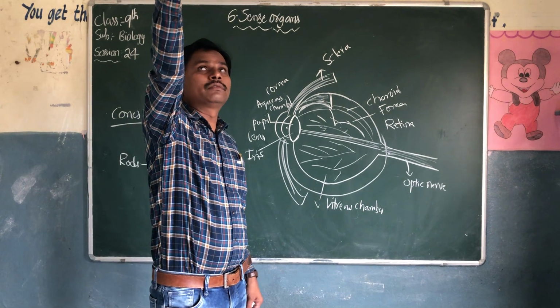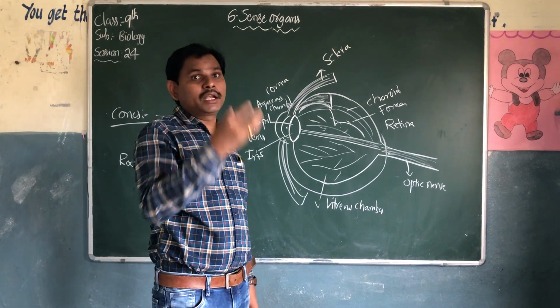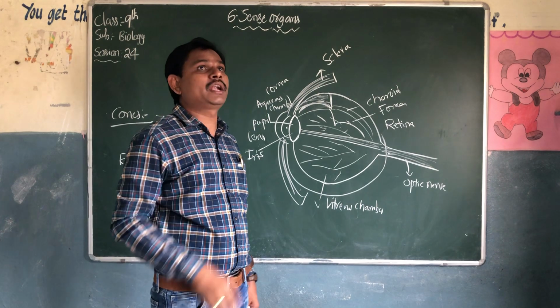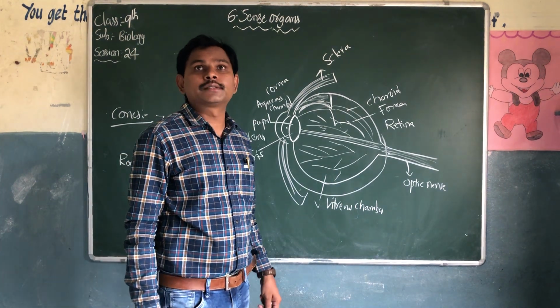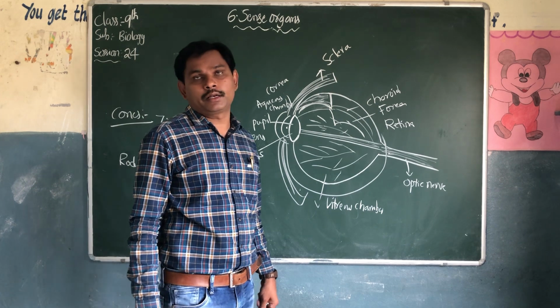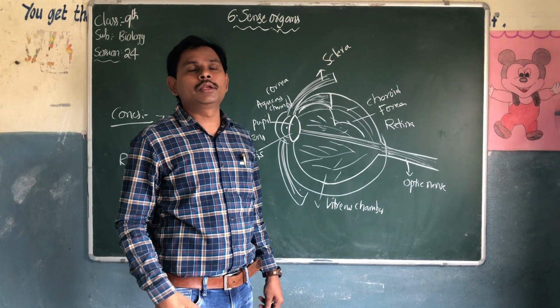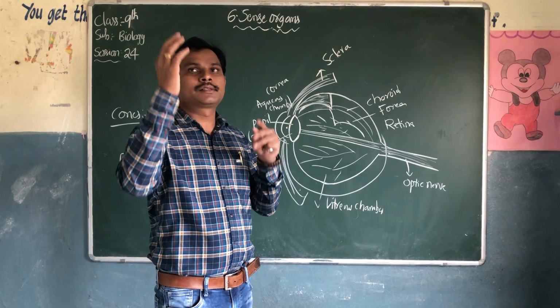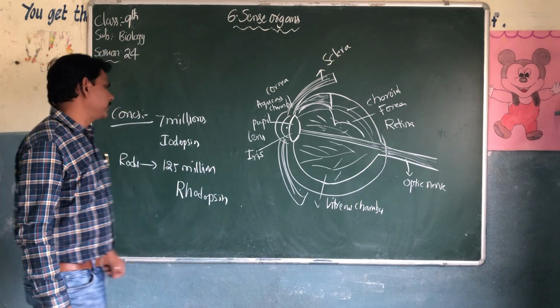We cannot see sunlight directly, or a 2000 watt bulb directly. The eyes close immediately to protect them from the light, otherwise the lens will be damaged.